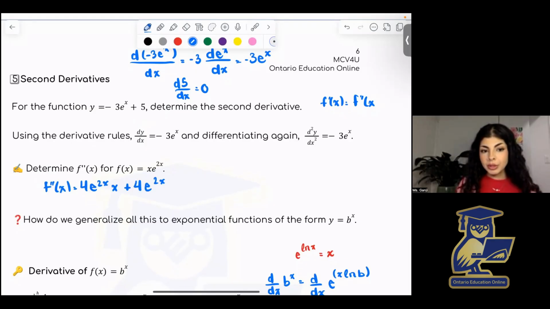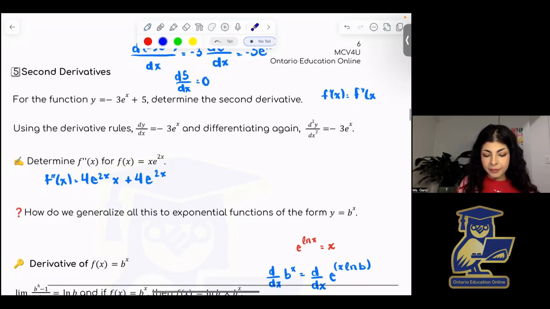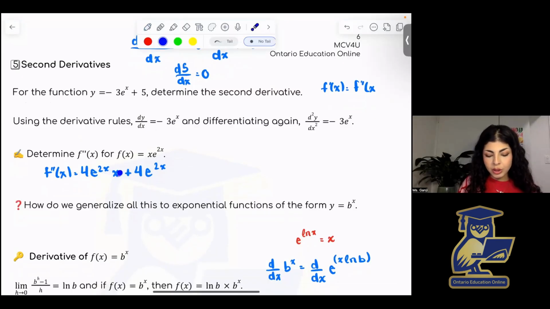So here you can double check that you would have gotten the following second derivative. And so we have one term that has the x, and then we have one that is just 4 times e to the power of 2x. And again, this comes from the property of the derivative of the exponential function. So please try it on your own and confirm that that's what you get.